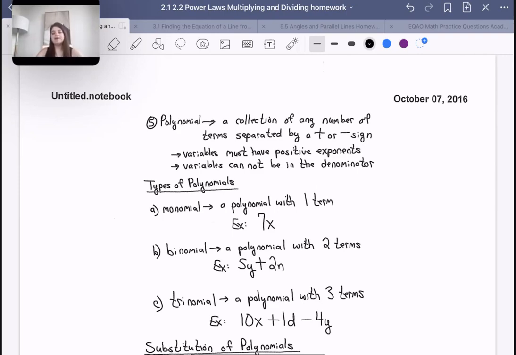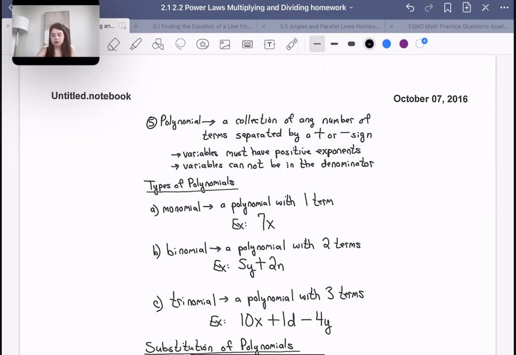When we have a constant, we can still have something in the denominator with that, or we could have 3 over 2, for example. So we can still have a denominator in terms of our coefficients or our constants. We just can't have variables in the denominator. So, for example, 3 over x would not be a polynomial, nor would it be able to be a part of a polynomial.